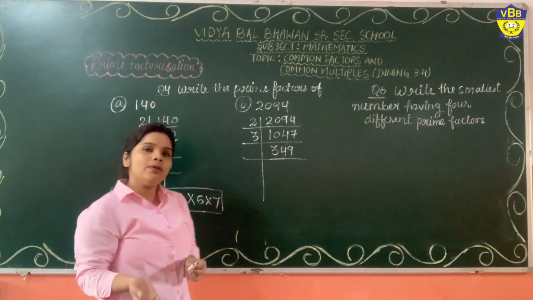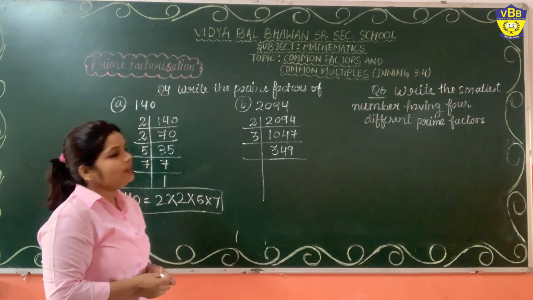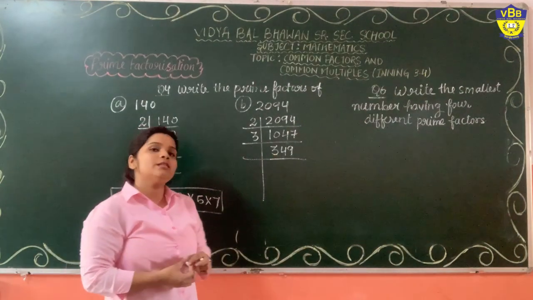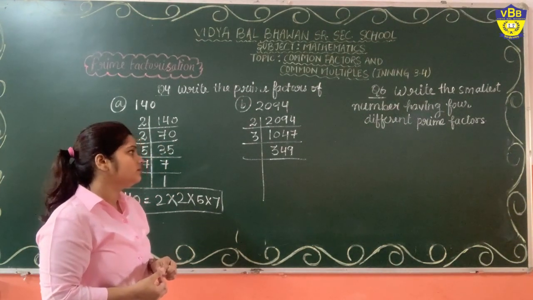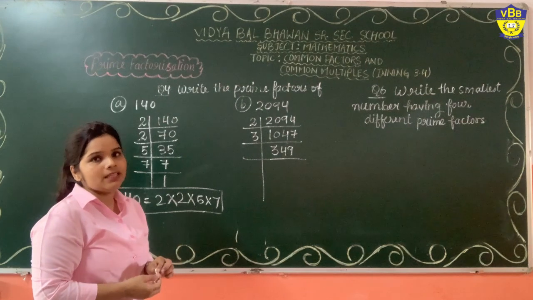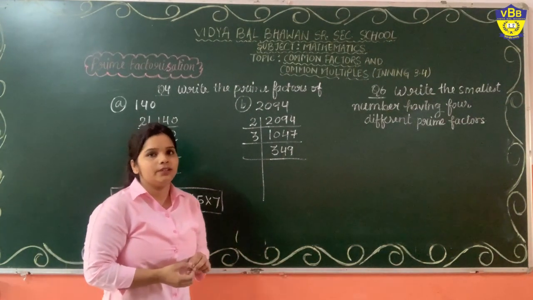So the next prime number, 5. No. Next prime number, 7. Check if this number will be divisible by 7. No, it will not be divisible by 7. So check from which number it will be divisible.